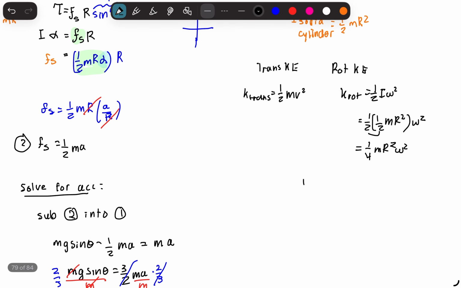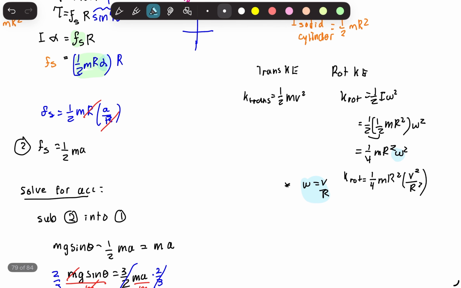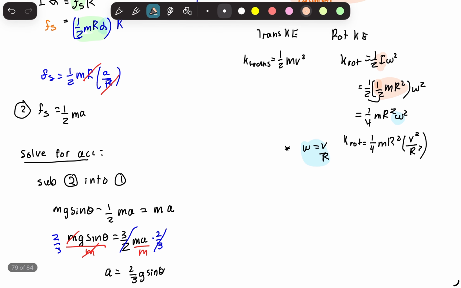Now you can substitute in omega equals v over r. So K rotational is going to equal 1 over 4 mr squared v squared over r squared. I'll highlight where I just substituted omega here, and I up here, 1/2 mr squared right there.